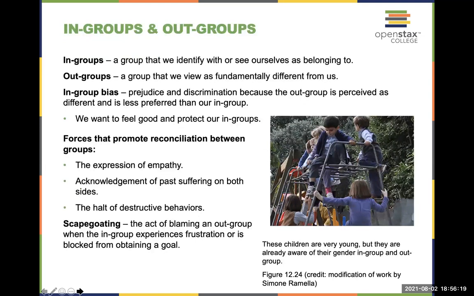And then there's the notion of in-groups and out-groups. In-groups are the group that we identify with or see ourselves as belonging to. The out-group is the group that we view as being fundamentally different from us. And then there's in-group bias, right? And so that's prejudice and discrimination, because the out-group is perceived as different or less than, and we want to feel good about our groups, right?